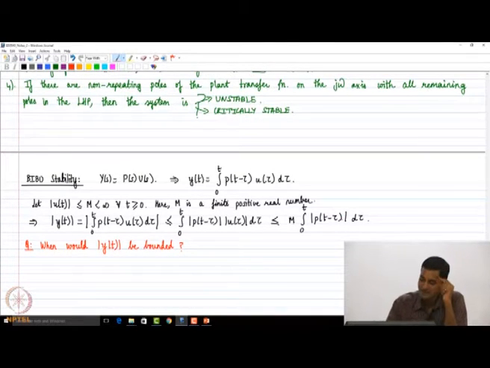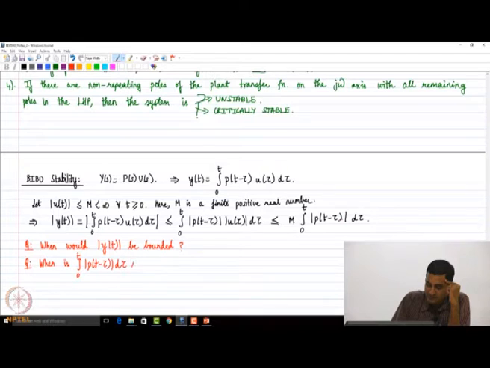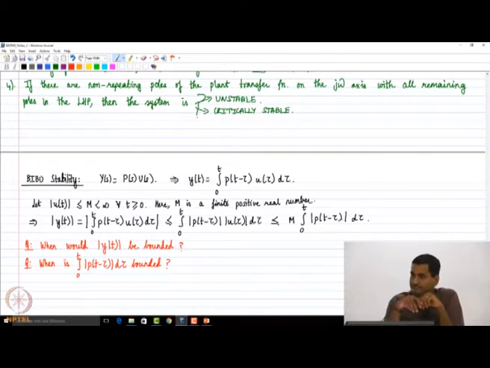So the follow-up question is: when is the integral from 0 to t of the magnitude of p of t minus tau d tau bounded?